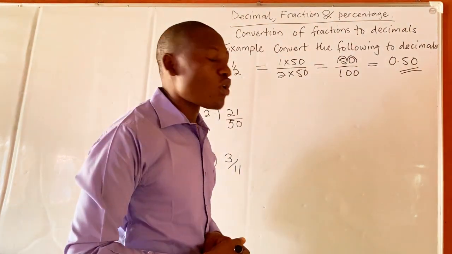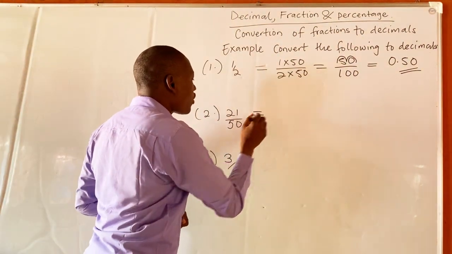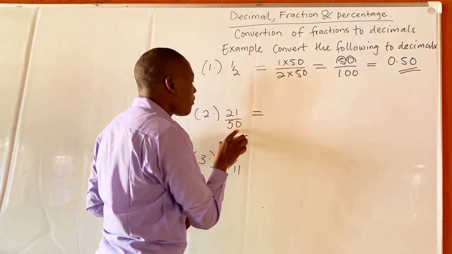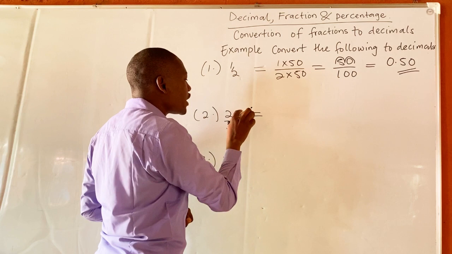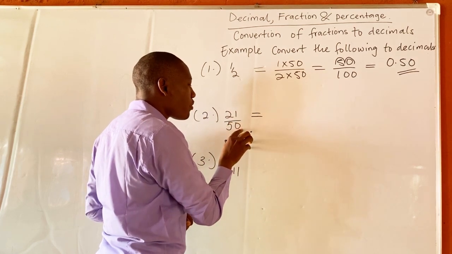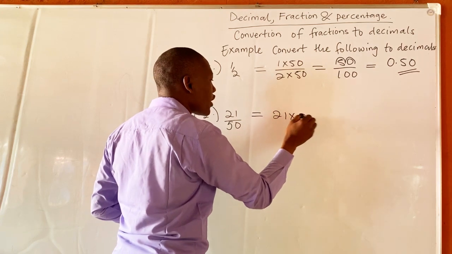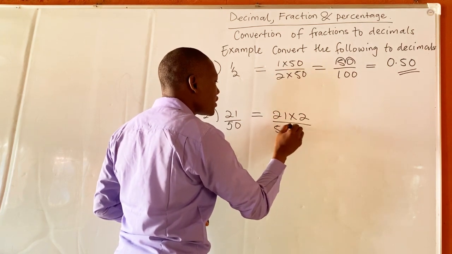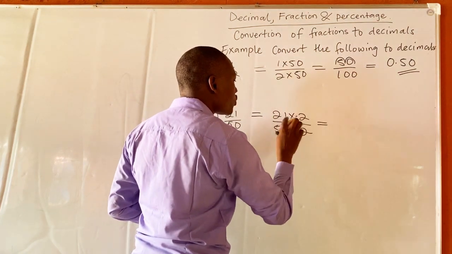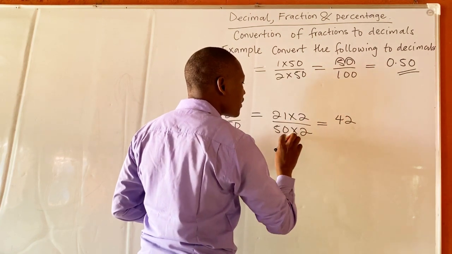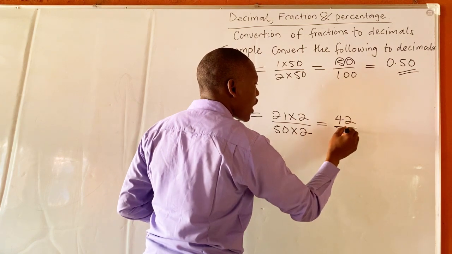Now the second one. How can we make this denominator in terms of 100? By multiplying the numerator and the denominator by 2. 21 multiplied by 2 is 42 and 50 multiplied by 2 is 100.